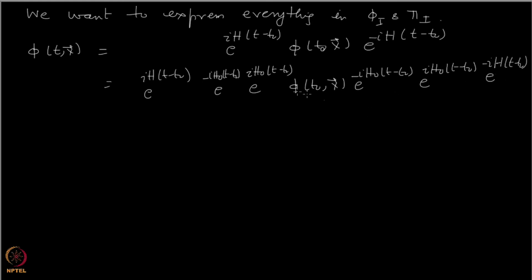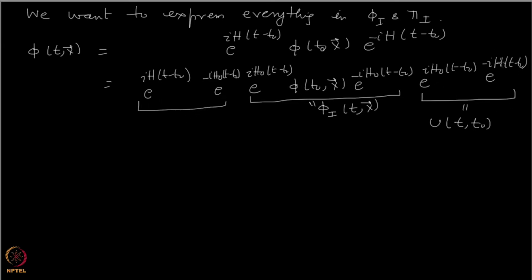Okay, now this is our phi I. And this is fine, and I give this operator a name, U of t naught, t, and you can then see that this is just the dagger of it.